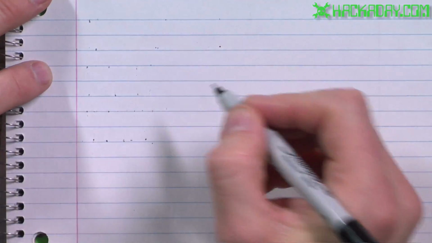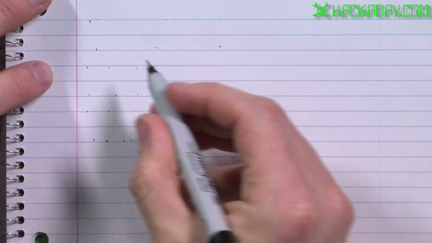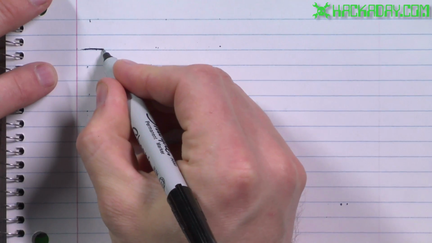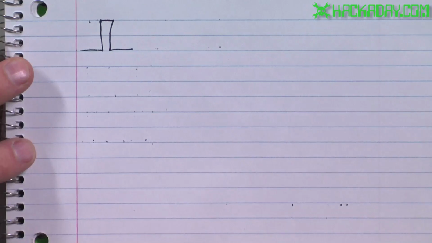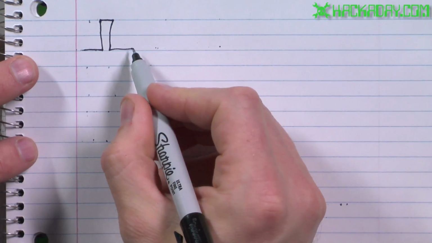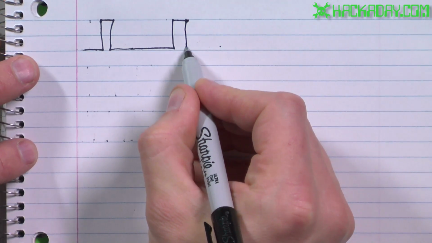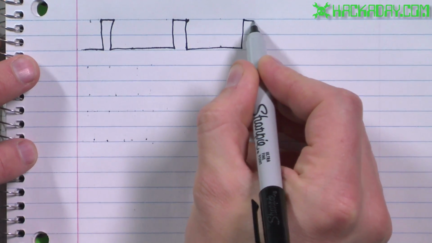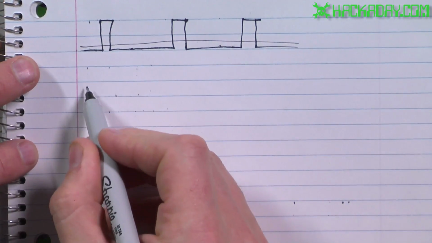The first is called pulse frequency modulation, and it's a variant of pulse width modulation. In this one, we have pulses that are put out by the processor that are always the same width. If they're spaced widely, like this, that averages out to a low value.